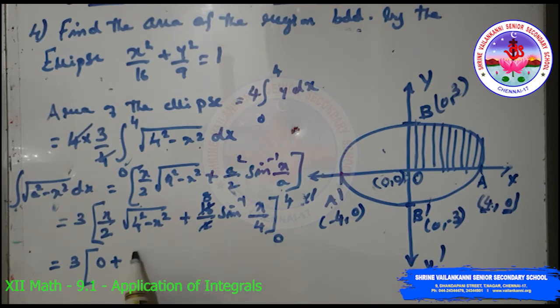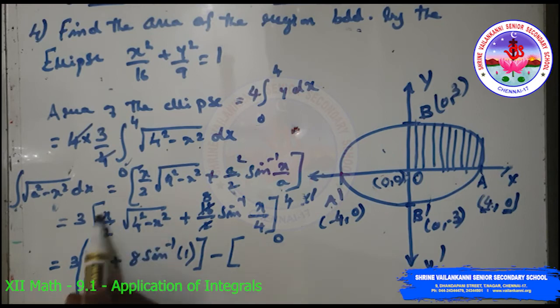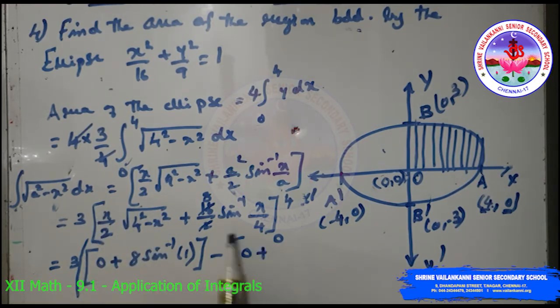So plus 8 into sine inverse of 4 by 4, which is 1, minus lower limit. The lower limit is 0, so this will become 0 plus sine inverse of 0. Sine inverse of 0 is sine inverse of sine 0, which is 0. So this will become 0.